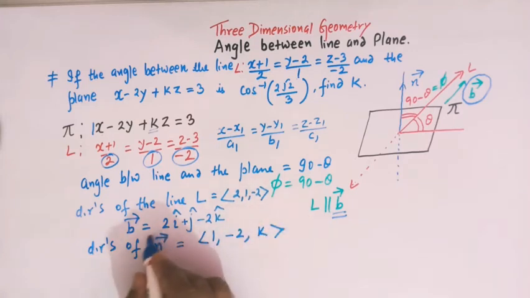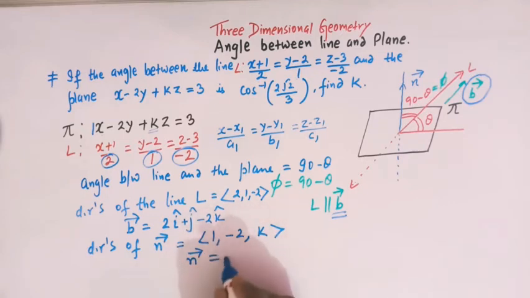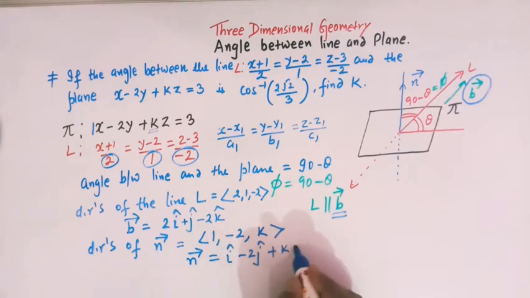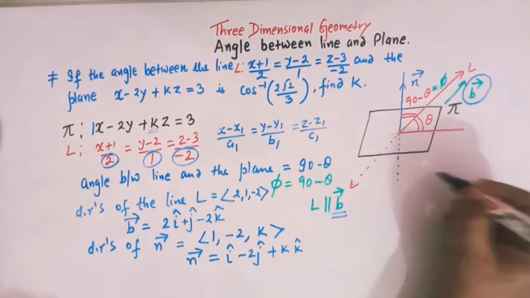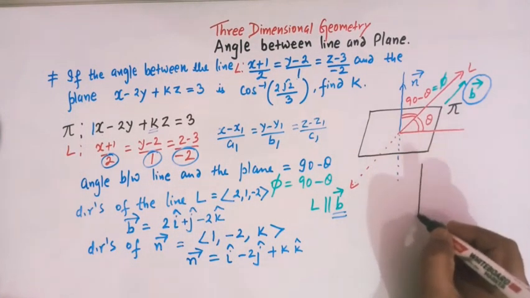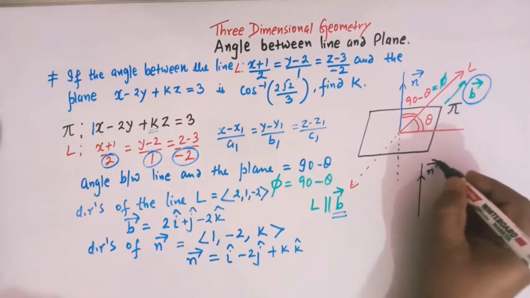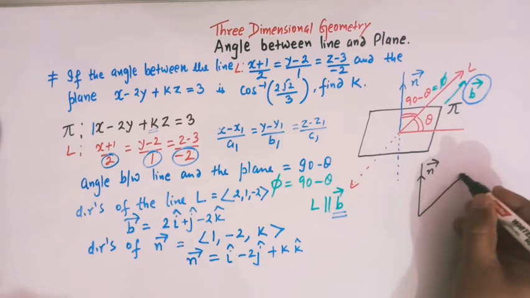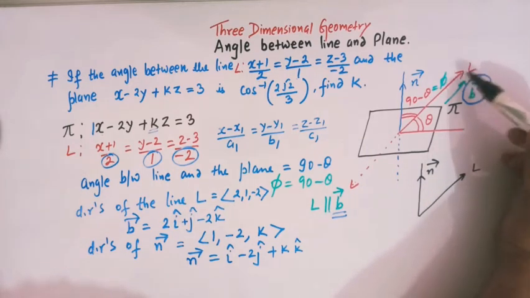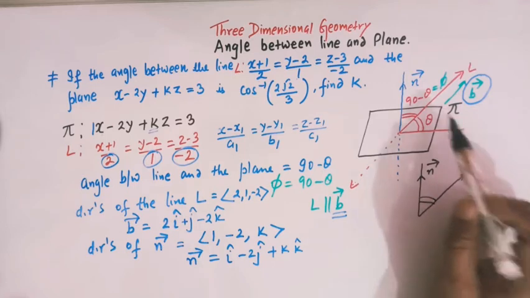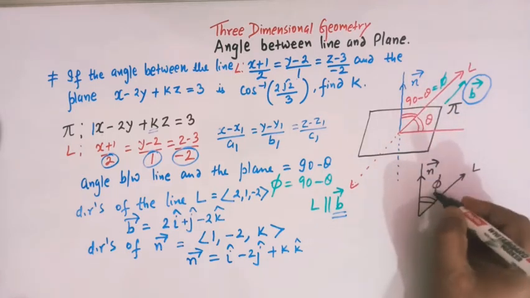So now this normal vector n can also be written as i cap minus 2j cap plus k k cap, where this k cap is the unit vector along the z direction. Now the situation is like this: we have this normal vector, and this is the line L which is shown here, and this is the angle 90 minus theta which is denoted by phi.